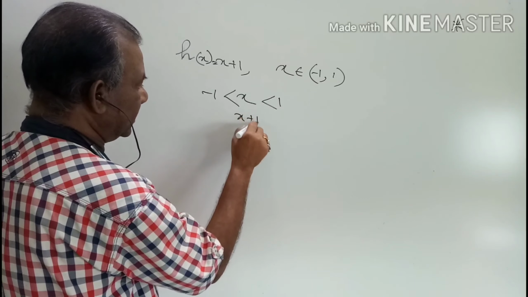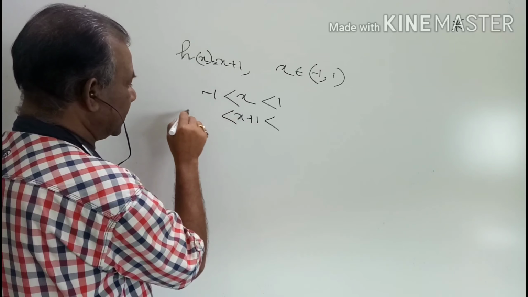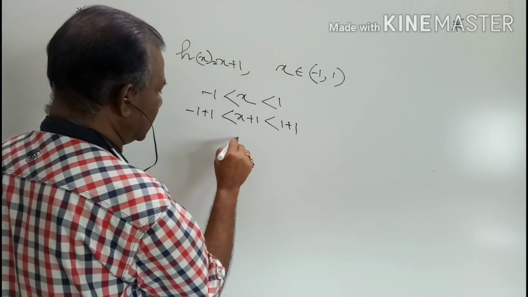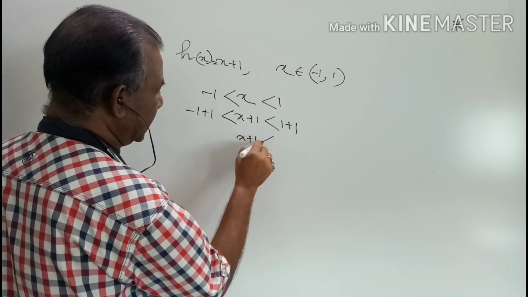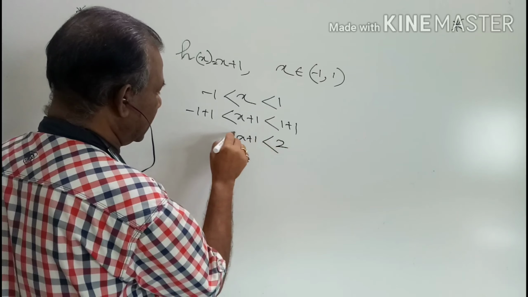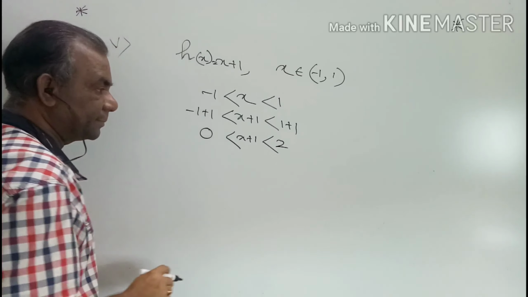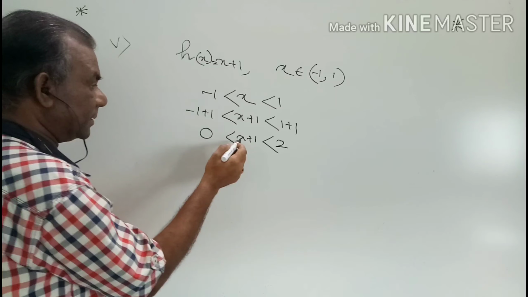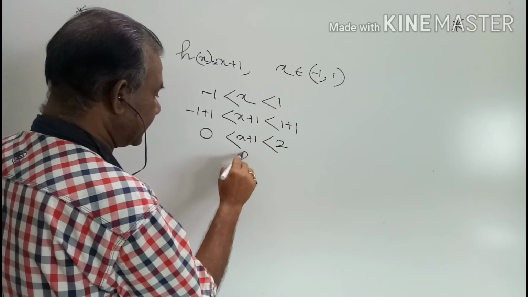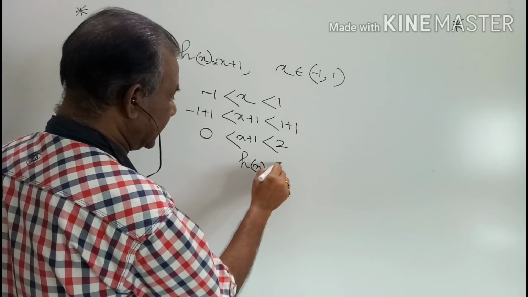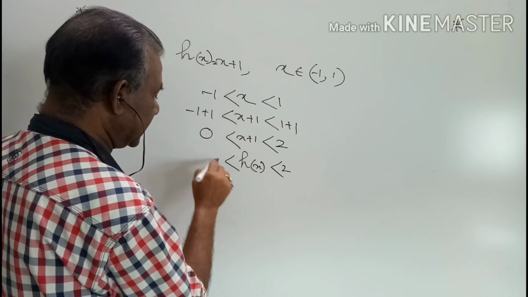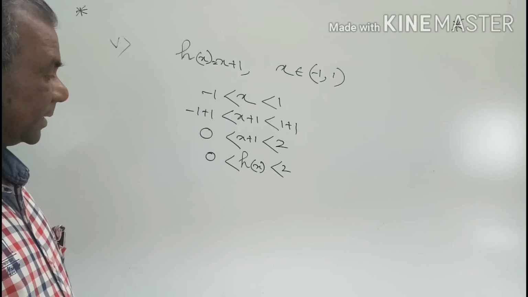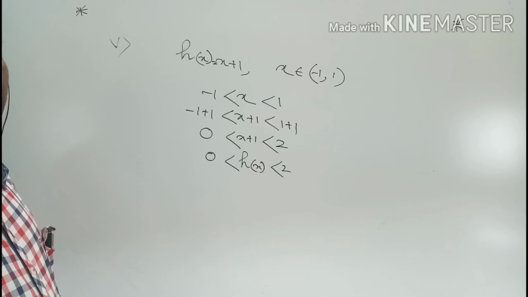So x plus 1 is greater than minus 1 plus 1 but less than 1 plus 1. So x plus 1 is less than 2 but greater than 0. So h of x is greater than 0 but less than 2.